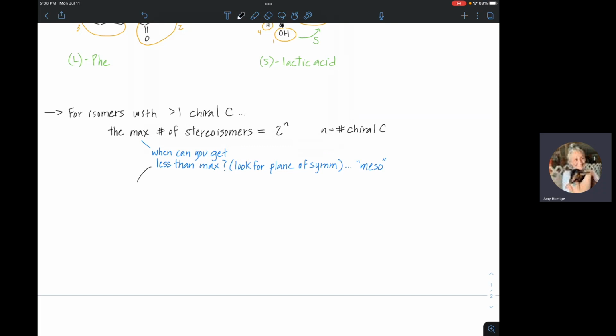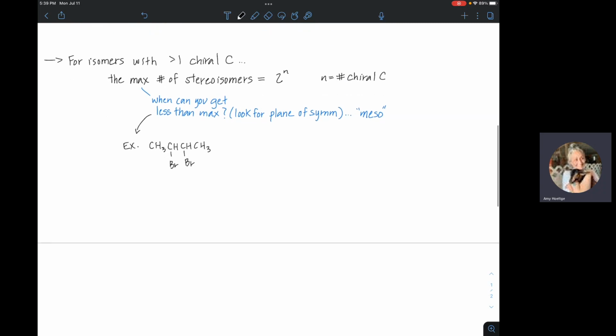So for example, if I have a molecule like, take something similar to what we just drew and add an extra asymmetric carbon. Not hard to spot where the mirror plane is going to be, right?